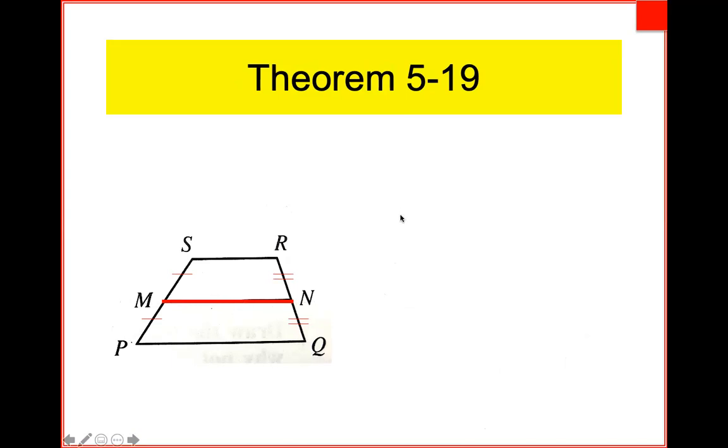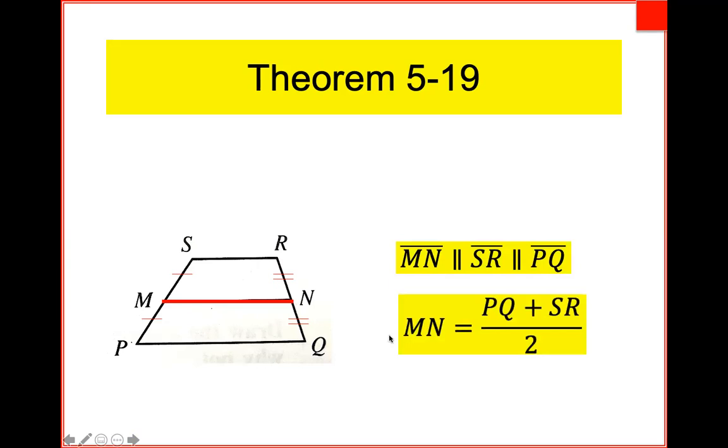And we also found out that when you do that, it ends up being parallel to the two bases. So MN is parallel to SR and PQ. And the other thing that theorem 5.19 says is that we can actually calculate its distance. I don't know if you remember this part, but we take the two bases, we add them together and divide by 2, and that equals the median. Do you remember doing that at all?